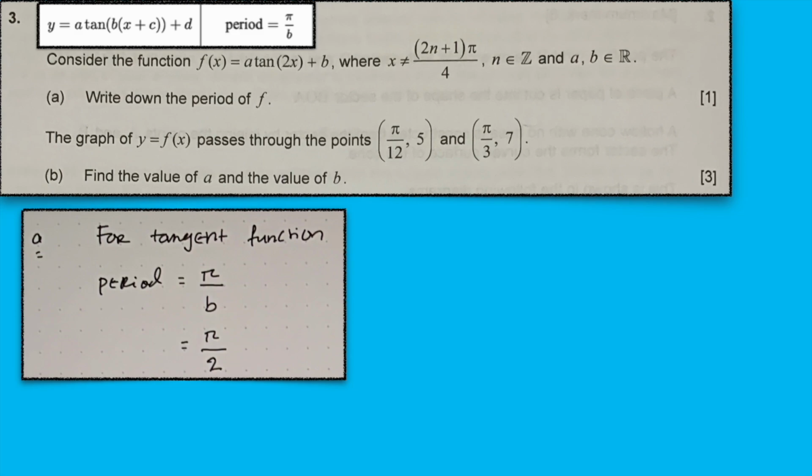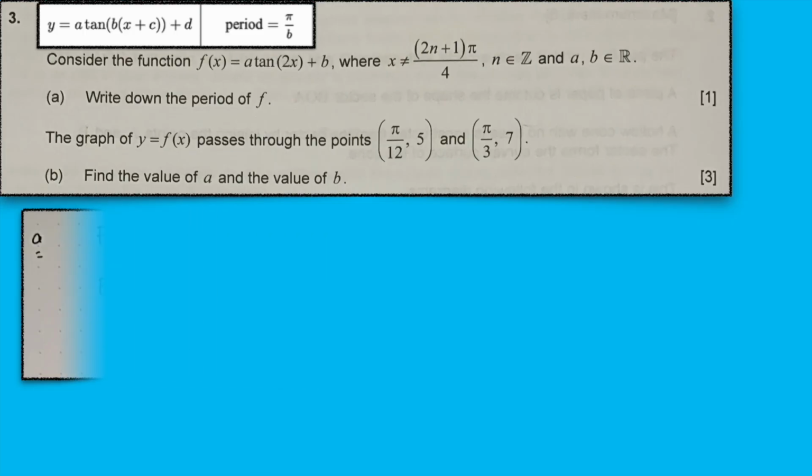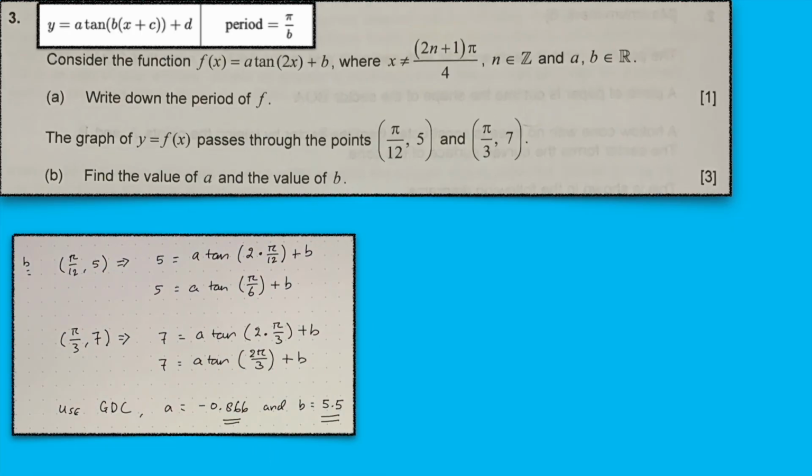Next question is, find the value of a and the value of b given these 2 points. So what we can do, we can substitute this x and y coordinates into f of x, like so.